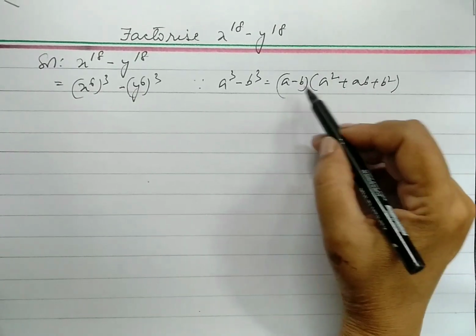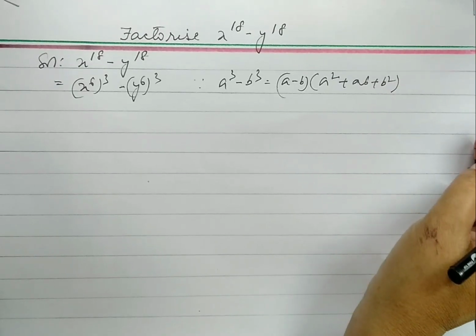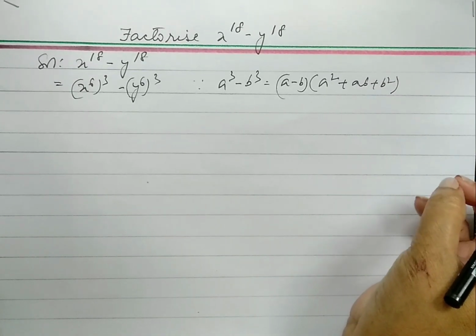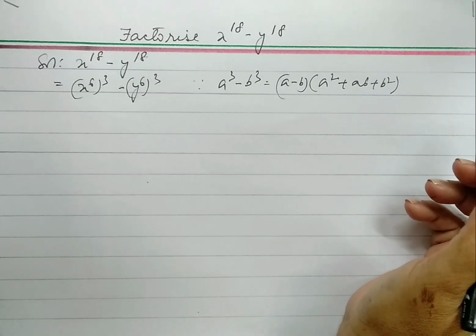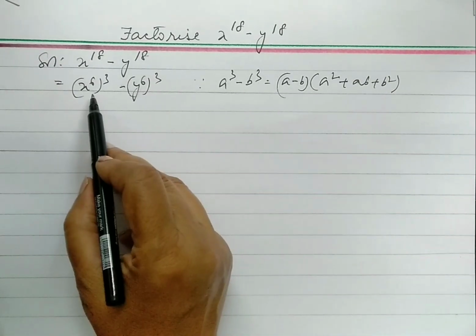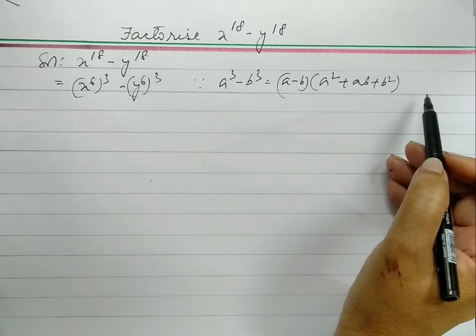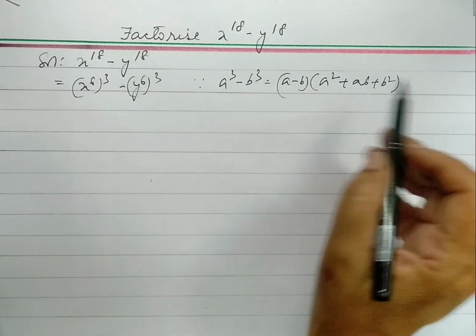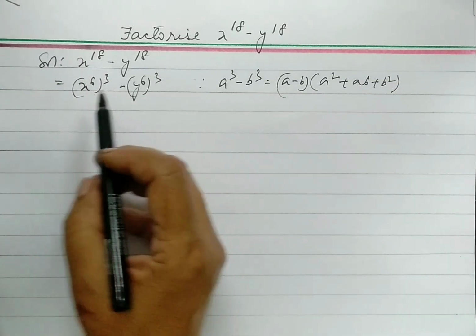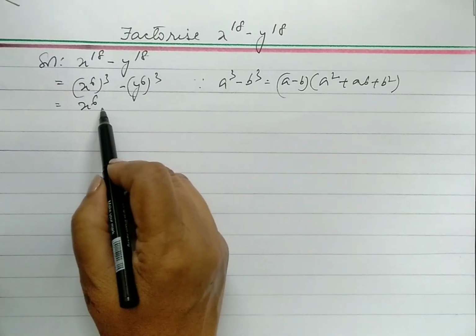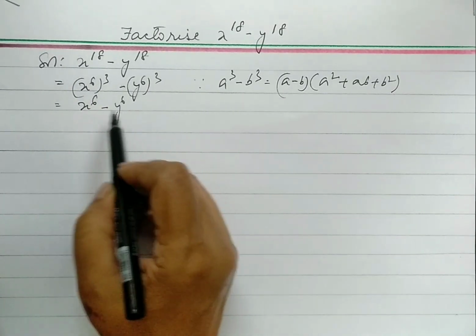Now, this is an identity much suited for factorization of algebraic expressions, right? Since we have the difference of two cubes, it needs to be laid down in this manner. So our A in this context is x to the power 6, B is y to the power 6.